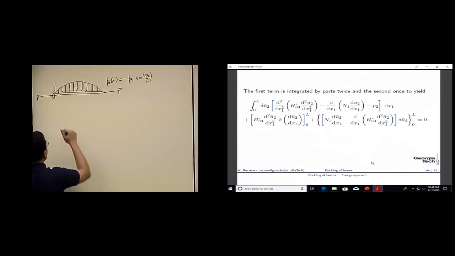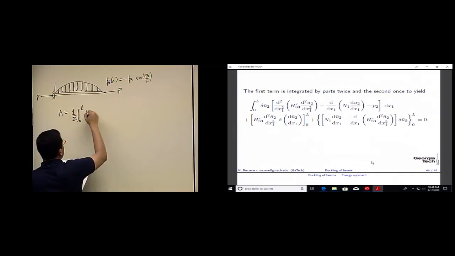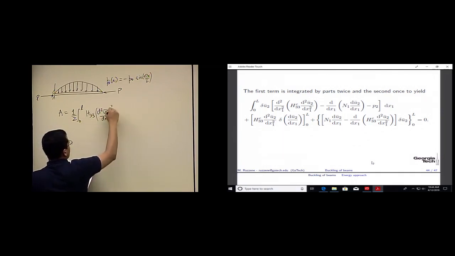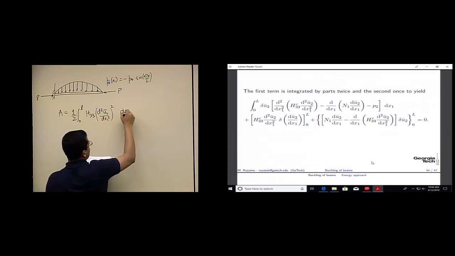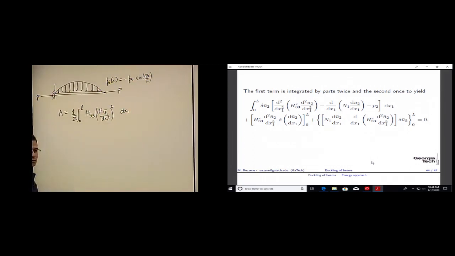Okay, and now we can write our internal strain energy, which is 1/2 integration 0 to L H33 times the second order derivative of u2 with respect to x1, squared, times dx1, right? Any doubts about this? And we can also write the potential due to externally applied loads.